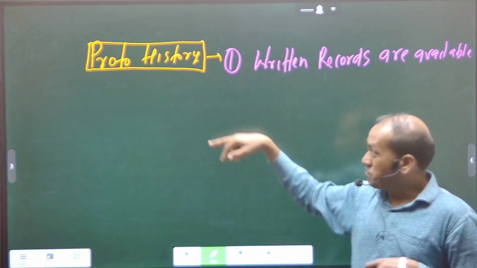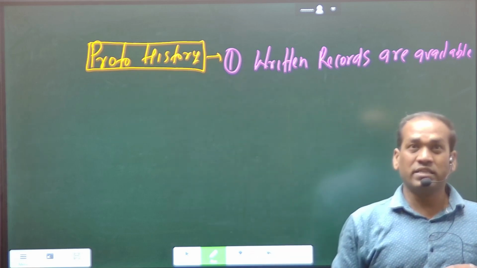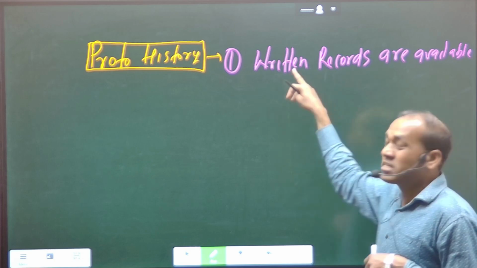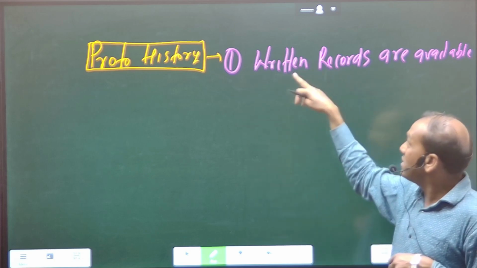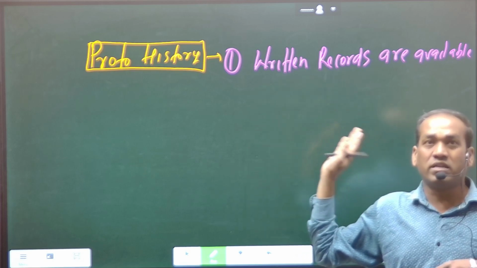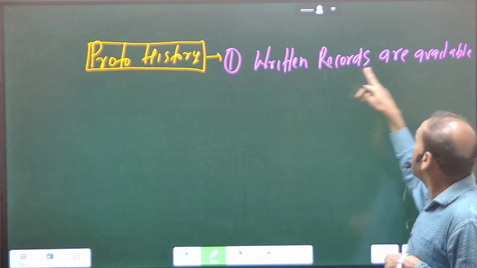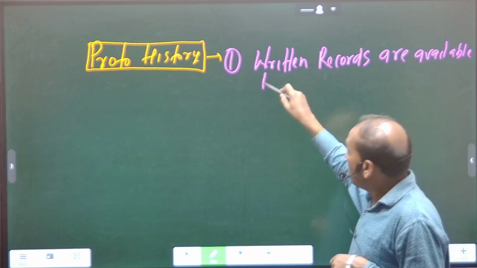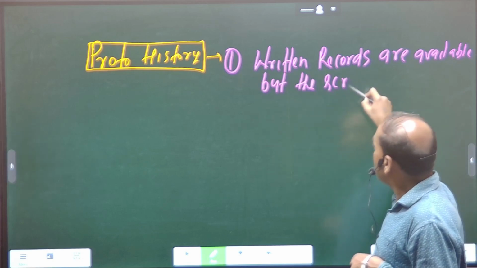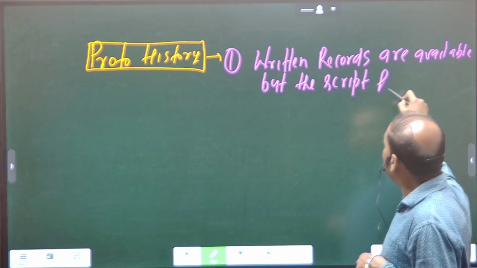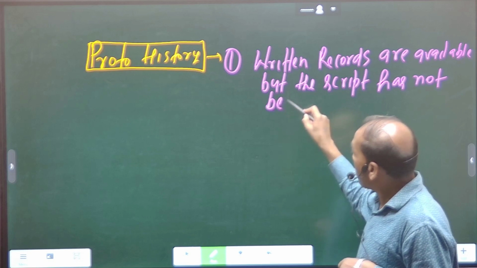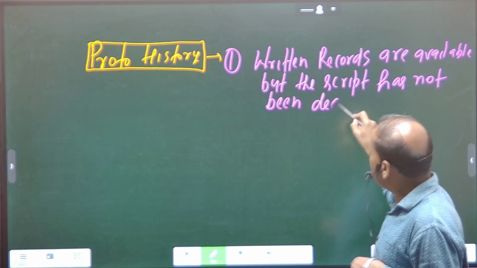But here in proto-history written records are available, but the script that has been used in written records, that script we are not able to understand. So written records are available, but the script has not been deciphered.